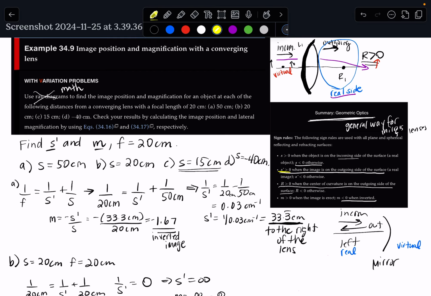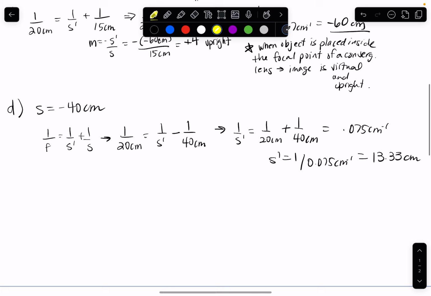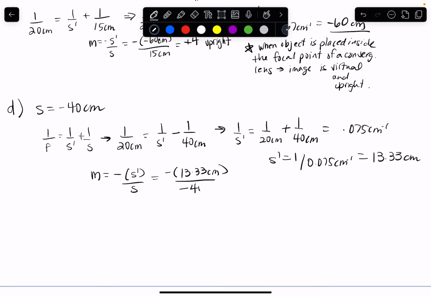Now, will it be inverted or upright? We can figure that out by doing the magnification. So we get a positive number, so the image will be upright.